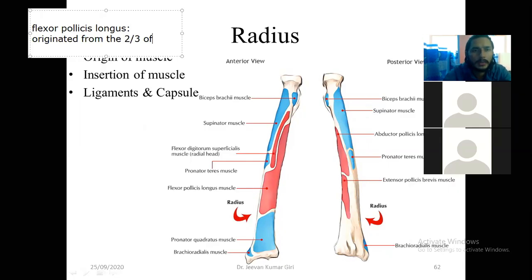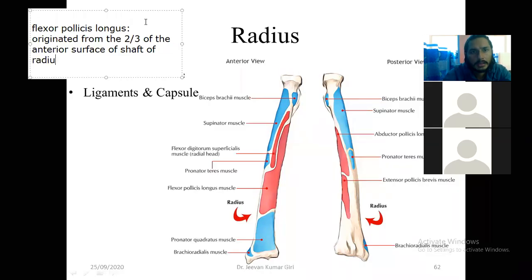Upper 2/3 of the anterior surface of shaft of which bone? Humerus or ulna? See, we are not knowing that also. So we are reading the radius, means from the shaft of radius only. So originated from the upper two-third of the anterior surface of shaft of radius. So this is the flexor pollicis longus muscle.